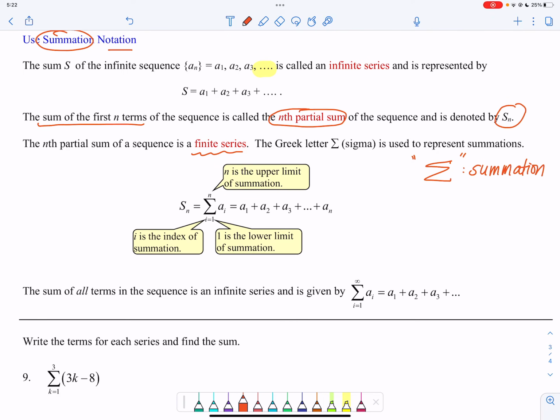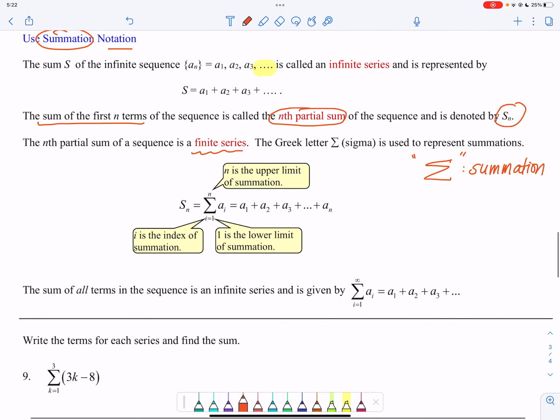Okay, so let's take a close look at this. N is the upper limit, 1 is the lower limit, I is the index. It's changing each time. I is 1, 2, 3, 4, 5, 6, all the way until you get to N. And as you can see, this is your sum all the way up to that nth term.